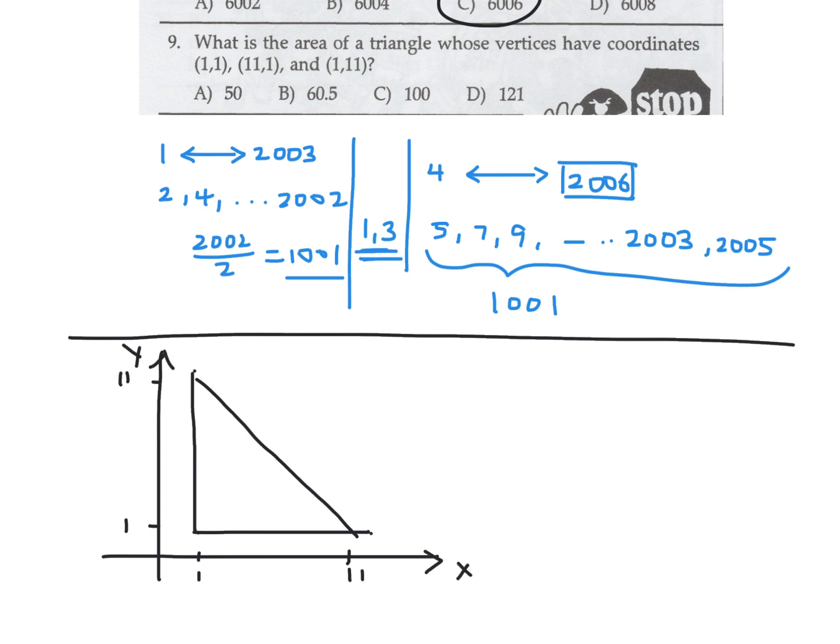So what are they asking here? The area? Oh, okay. Well, the base looks like from 1 to 11, so that's a base of 10. And the height is also from 1 to 11, so that's a height of 10. And this is a right triangle. So the area is 1/2 base times height. And that is 50. So the answer for number 9 is A.